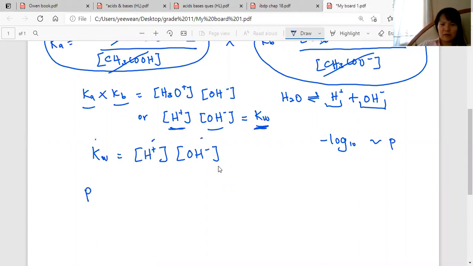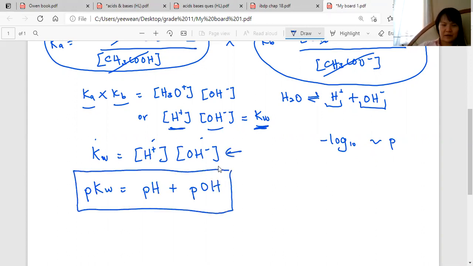So pKw, or negative log Kw, equals, since this is multiplication, when you change it to log it will be plus. Negative log of H plus would be pH, and negative log of OH minus would be pOH. So from here, we get another formula.